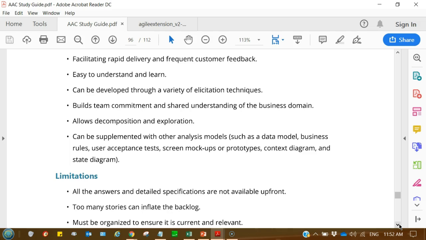If you're going to be didactic about it, you're going to run yourself into a problem. Just accept the fact, if you're used to using use cases, you can use use cases. You can migrate the use cases to user stories appropriately and operate in an agile environment.